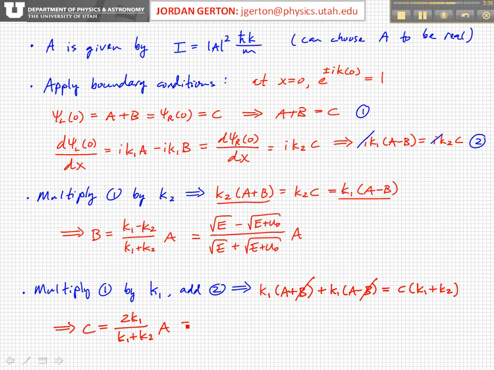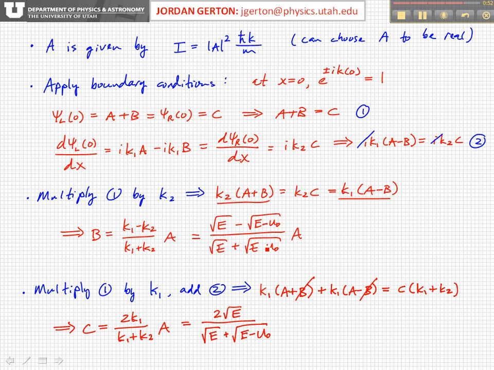And again, if we write this in terms of the energies, then we get 2 times the square root of E, over the square root of E plus the square root of E minus U naught. And I just realized that up here, these should be minus signs.